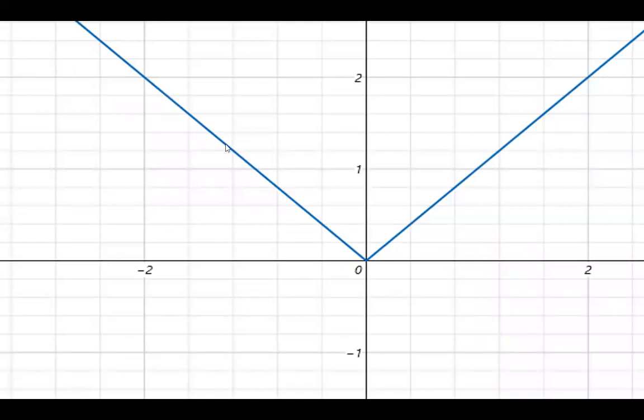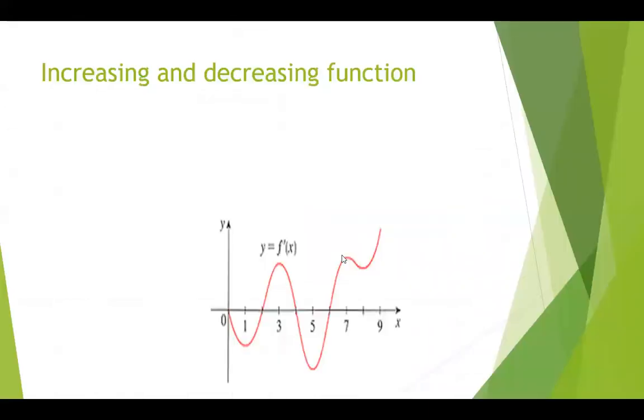In the graph of the modulus function, you are noticing from 0 to 2, it is increasing like this. And here also, I can have the decreasing mode. Any one function may attain both forms. From 0 to here, it is in decreasing mode. After that, it is increasing. There is a flatness here. At such points, the slope is parallel to the x-axis.